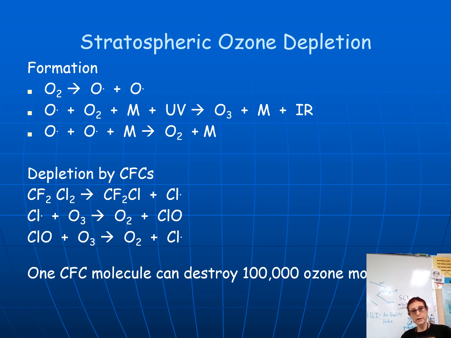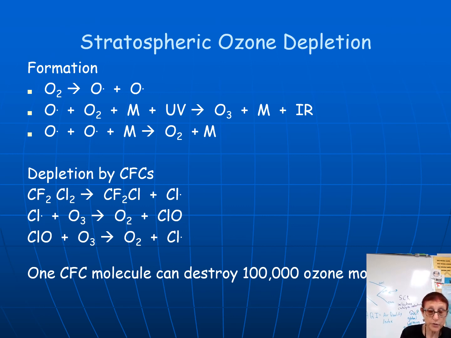But the thinning in the Antarctic is what spurred on the Montreal Protocol to ban CFCs and to find replacements. Again, we're going to look at this in a little more detail, but essentially those replacements are where you replace some of the chlorine atoms with hydrogen so the compound is less stable in the troposphere and doesn't do that same damage when it makes it up to the stratosphere.